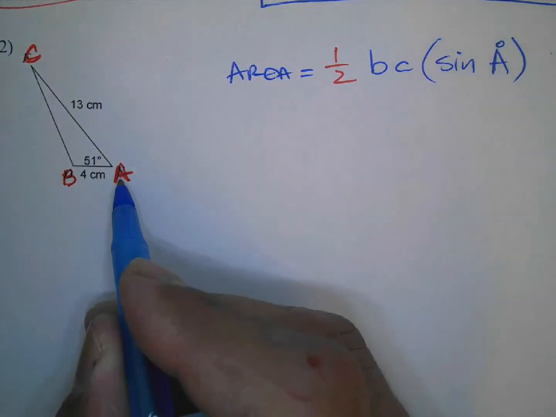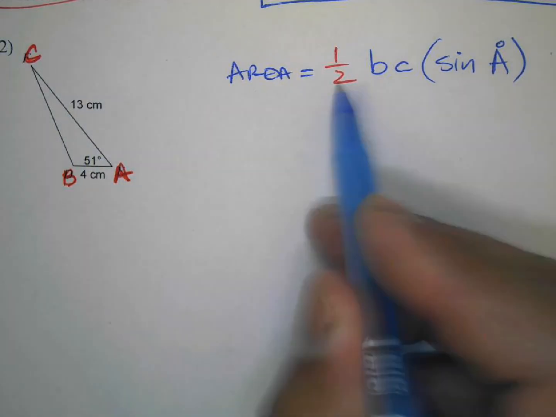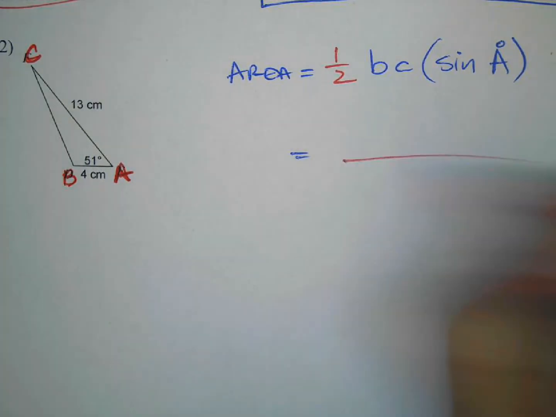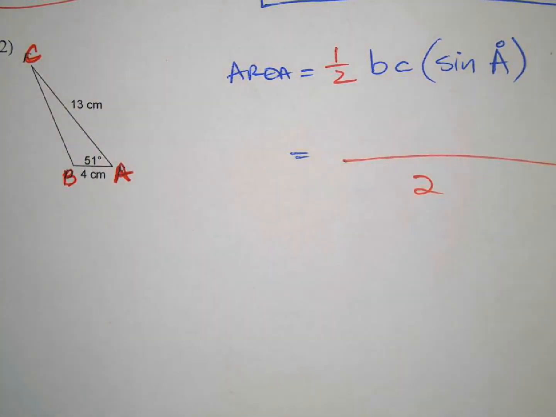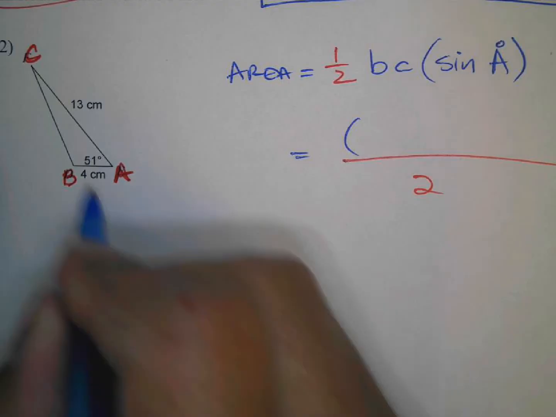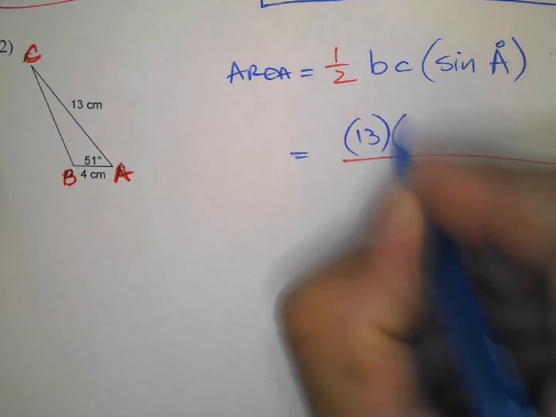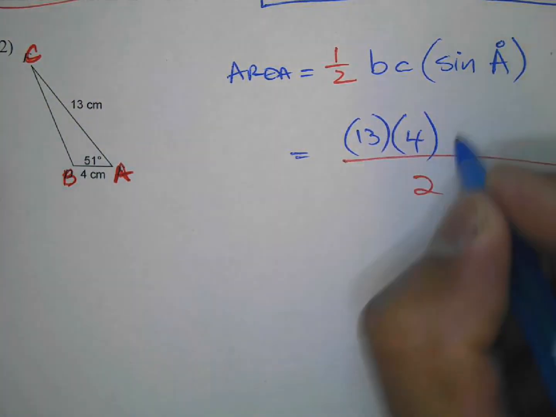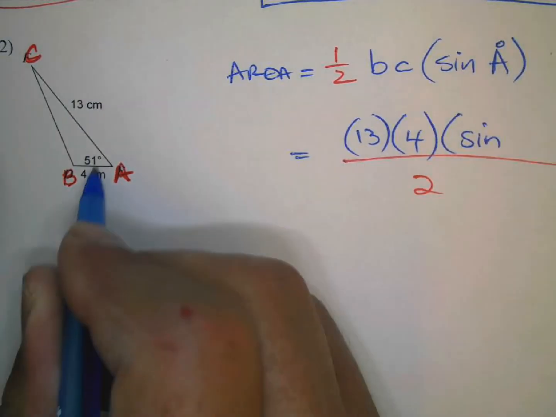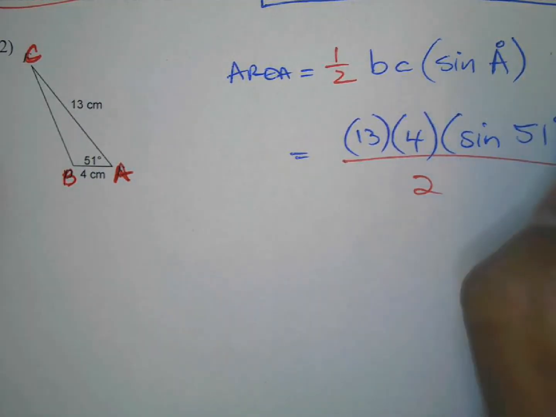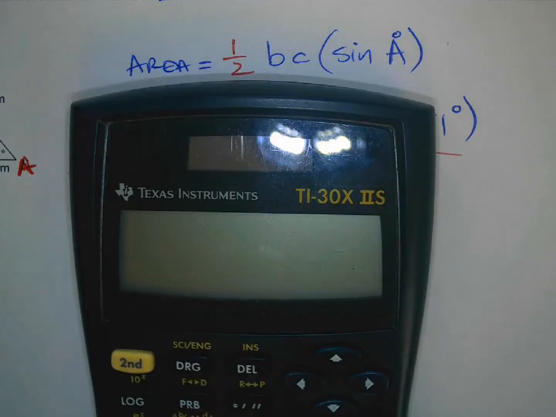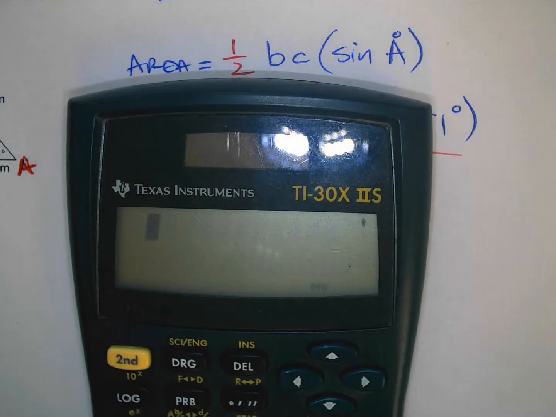All right, there's only one angle and two sides. Okay, so the area is equal to, take half is to divide it by 2. So I'm just going to put it like this. B times C is 13 times 4. Doesn't matter which way you multiply it. Sine of what? In this case, A is 51. All right, let me do that in my calculator. What is sine of 51?